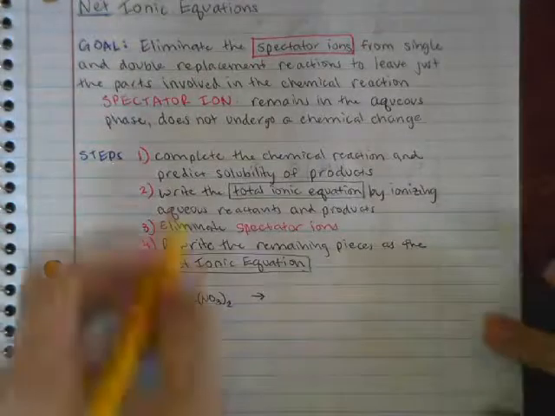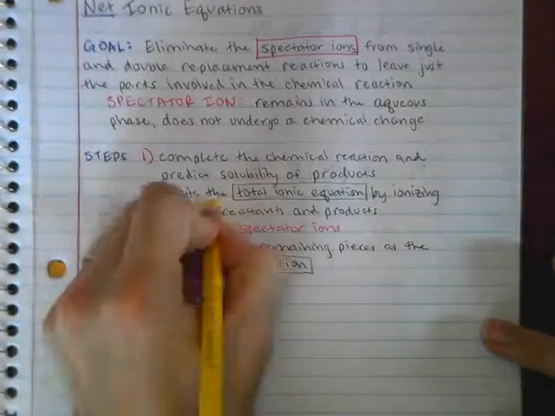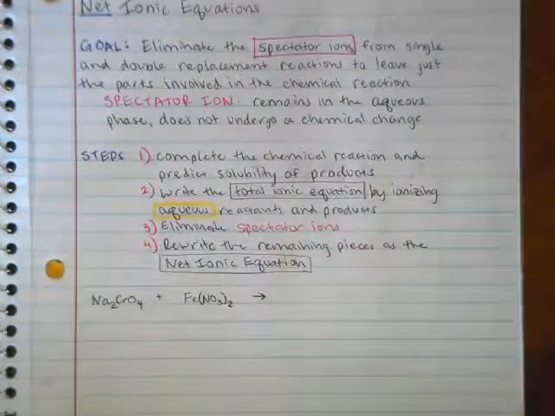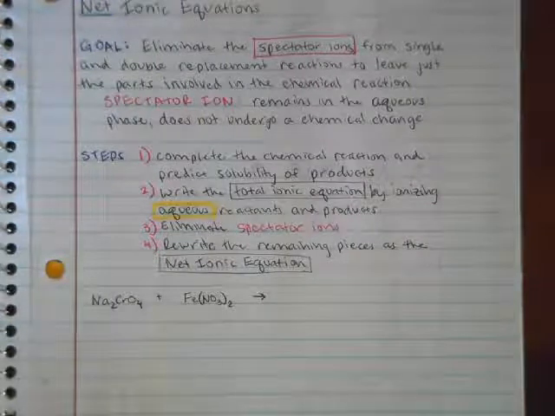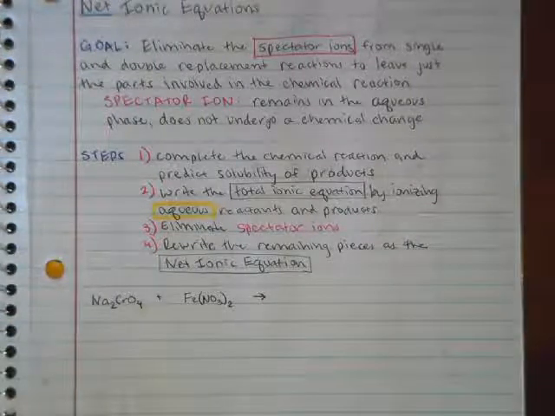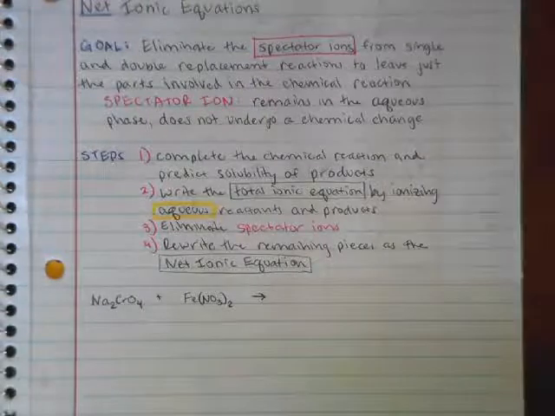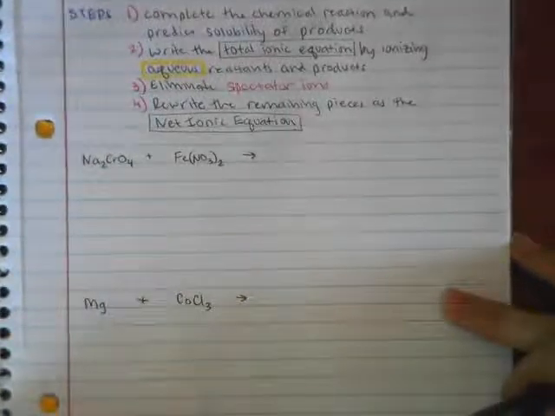Very important word here is aqueous. Okay, we are only going to ionize aqueous things. Next, we will eliminate the spectator ions, and I'll show you how to find them. And then finally, you're going to rewrite the remaining pieces as the net ionic equation. So let's dive into this. This will make a lot more sense when you actually see it in action.